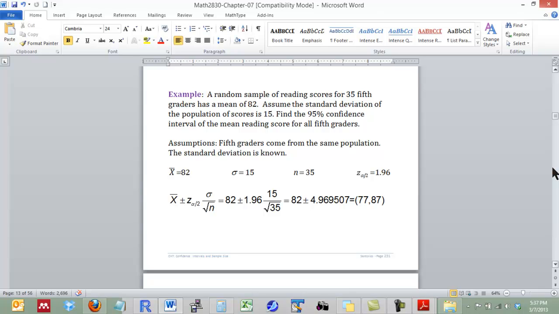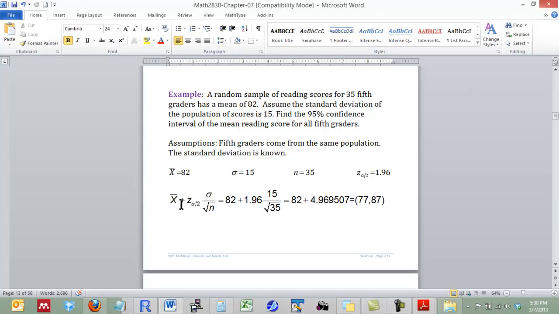So that is our sigma, because I'm assuming it's my population standard deviation. And what I want to do is find the 95% confidence interval for the mean reading score for all fifth graders, right? So I have a sample, and this is reflecting information at my population level, and I want an interval estimate to get an idea of what kind of precision I have.